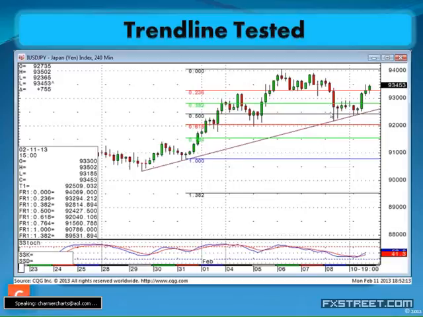What we did is we come back down, we tested the trend line again, and this is where you would have been buying, because it's a low risk option, is to buy at the trend line, because your stops are quite specific, because here you would be selling or stopping yourself out below the trend line, also below the 61.8 Fibonacci level. So this is how you can trade with the trend.